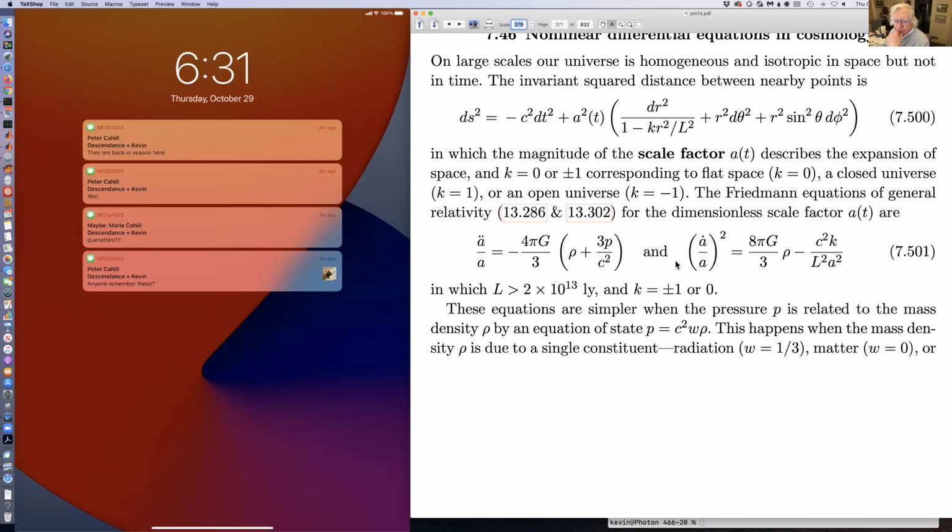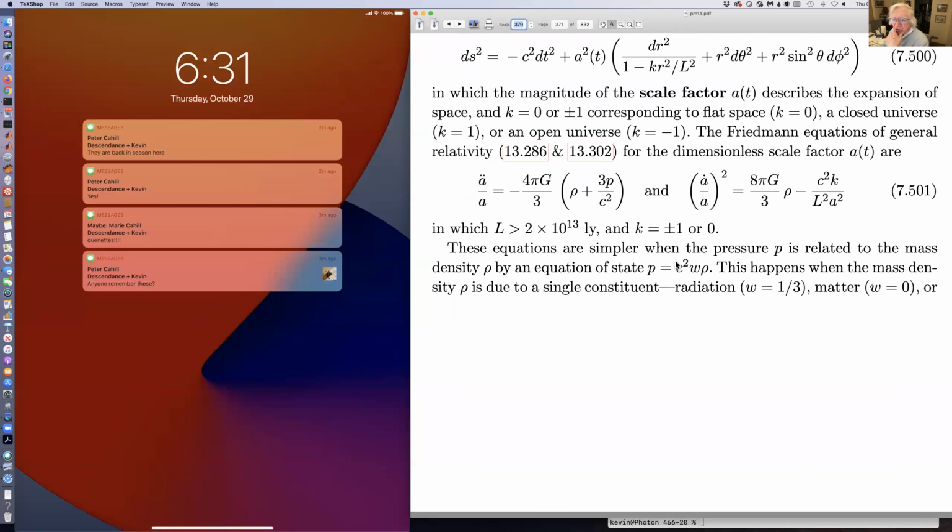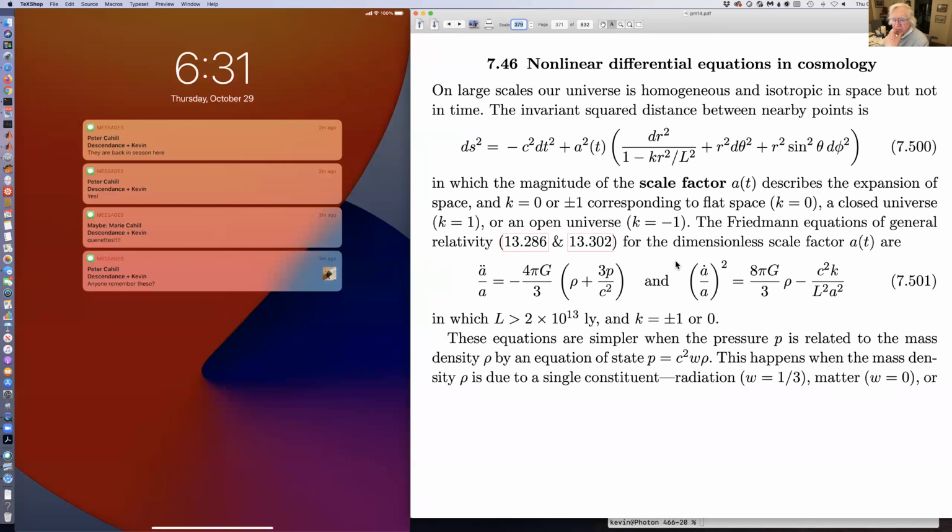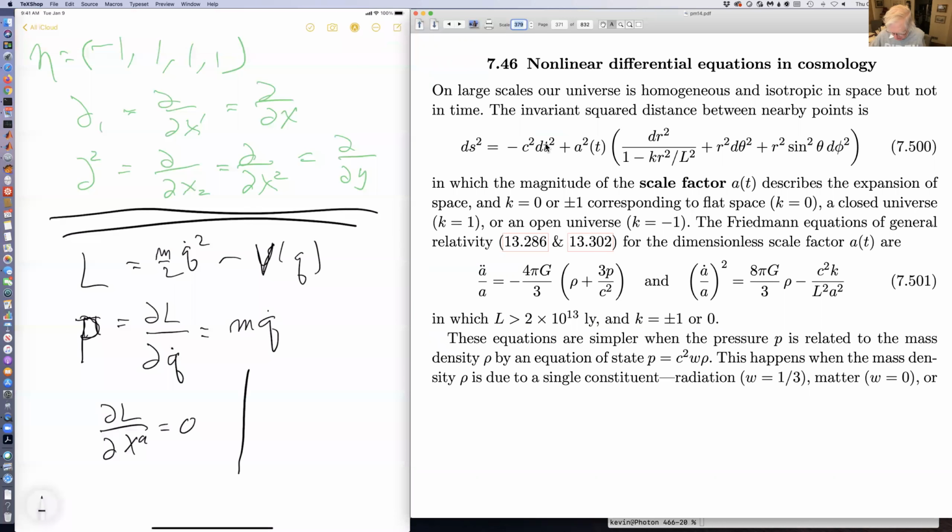And what one can do to make them a lot simpler is... by the way, this ds squared here, let me switch to red.